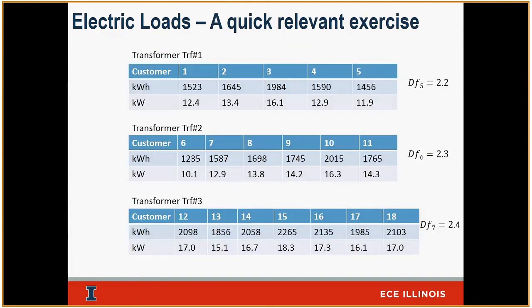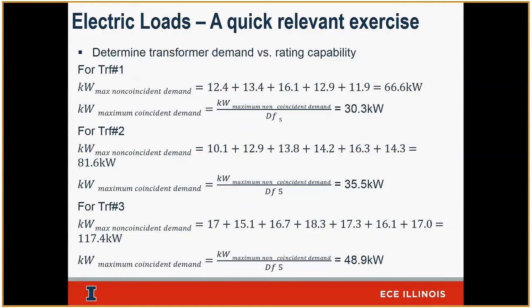It should be the diversity factor. You're right, not the connected load. Yeah, diversity factor. So these DFs, D5, D6, D7, are the diversity factors that I got for each one of the transformers. Diversity factor is maximum non-coincident by coincident, right? Correct. And you're calculating the coincident demand using the diversity factor.